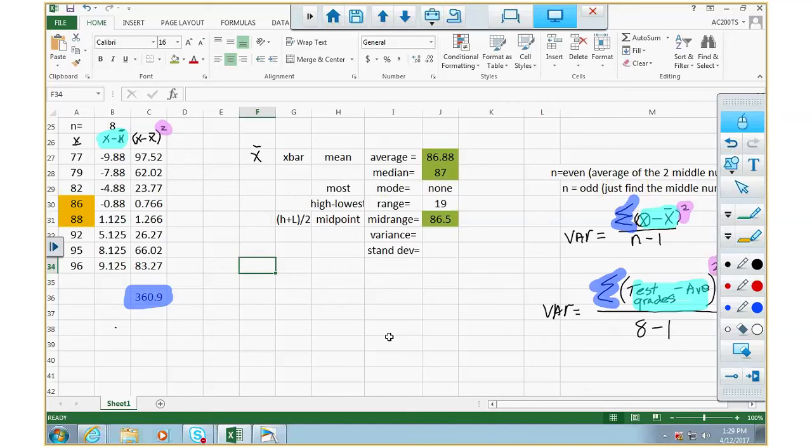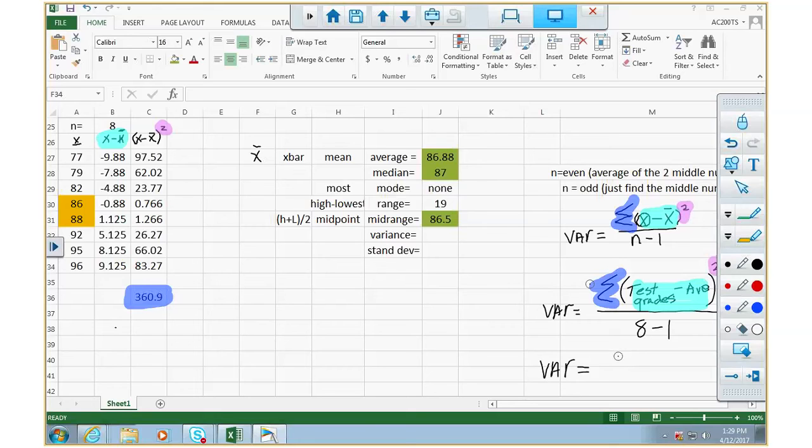Now somebody tell me what 360.9 is. Not the variance, but what is it? What's that called in a fraction? The numerator. Remember, D is below D. That's all right, it's been a long time since you had that.